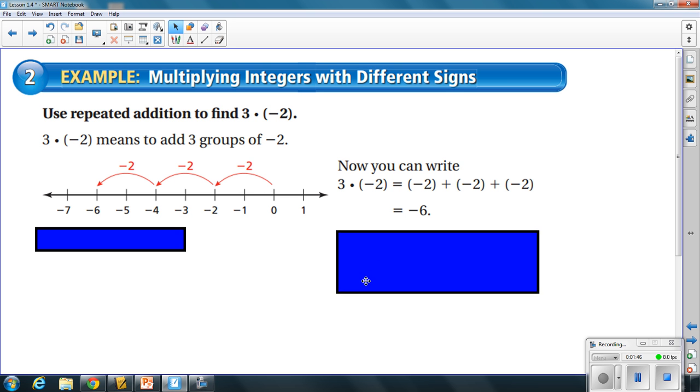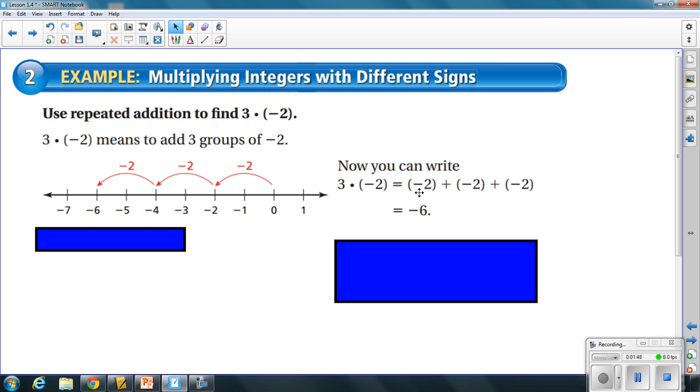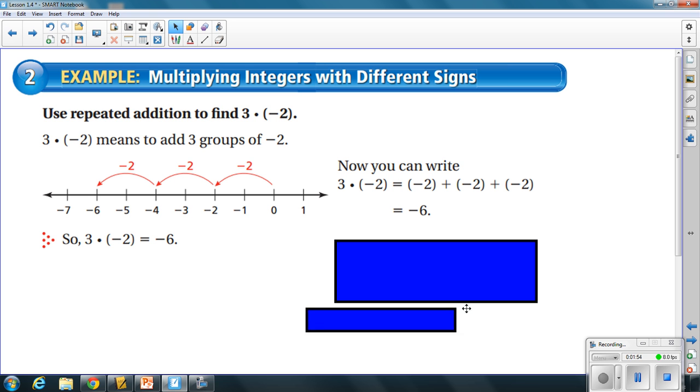Repeated addition just simply means negative 2 plus negative 2 plus negative 2, 3 times, which gives us negative 6. So my signs are different. What kind of answer am I getting? A negative solution. So please write that in your notebook. When my 2 integers have different signs, my answer is negative.